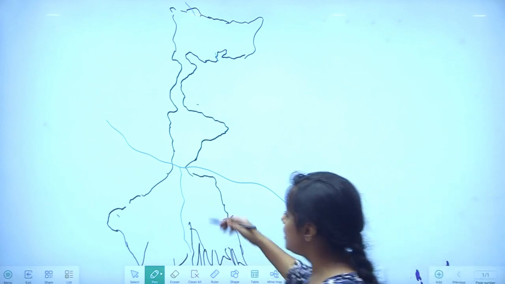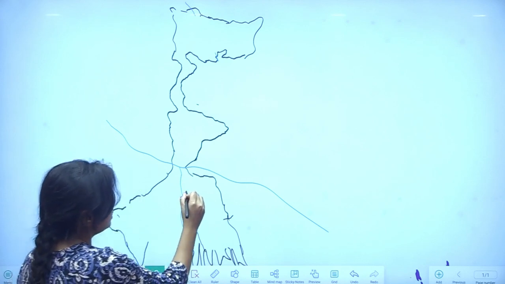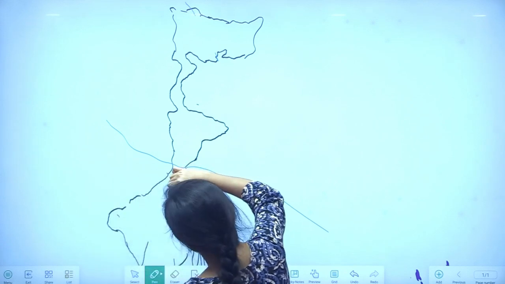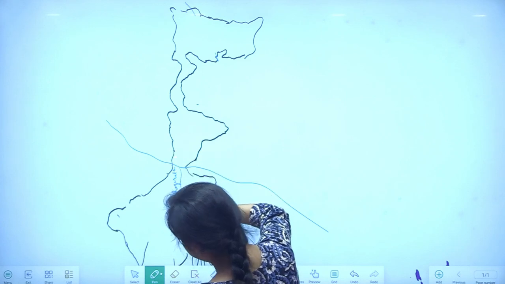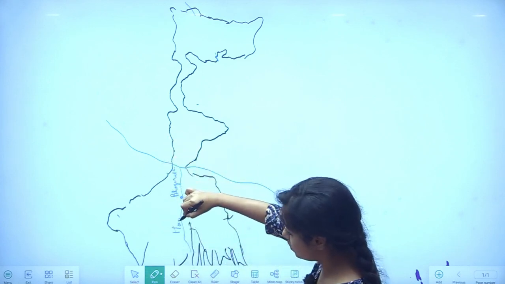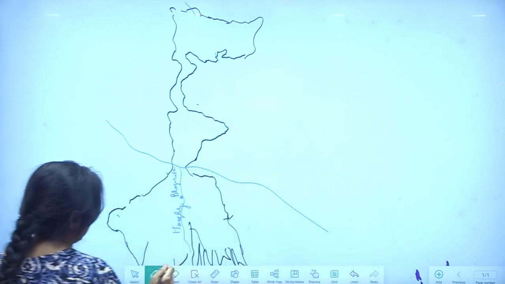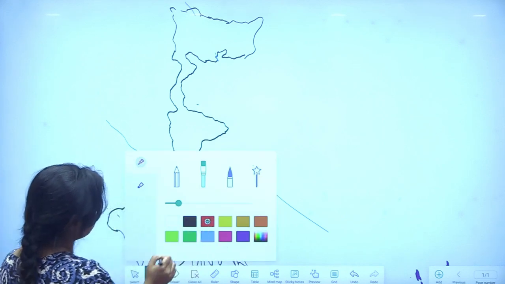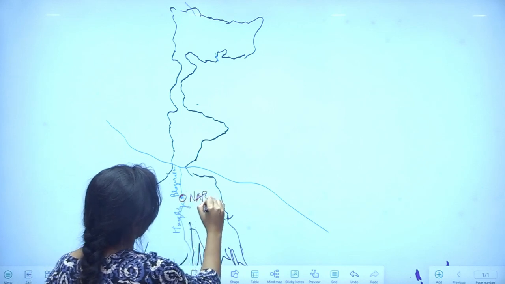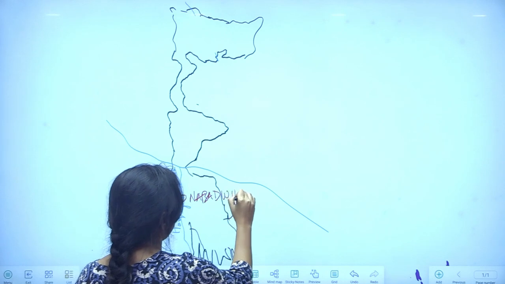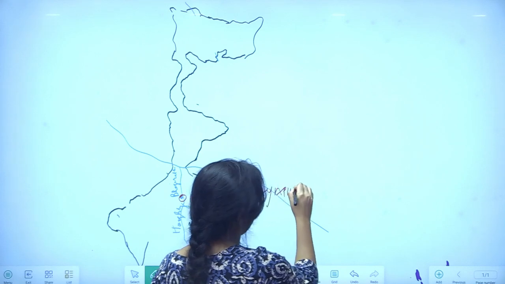The next stream, till Nabadwip, is known as Bhagirathi. And from Nabadwip to the Bay of Bengal, it is known as Hooghly. This area is Nabadwip, and in some places you will also find the name Mayapur, so it's better to learn both names.